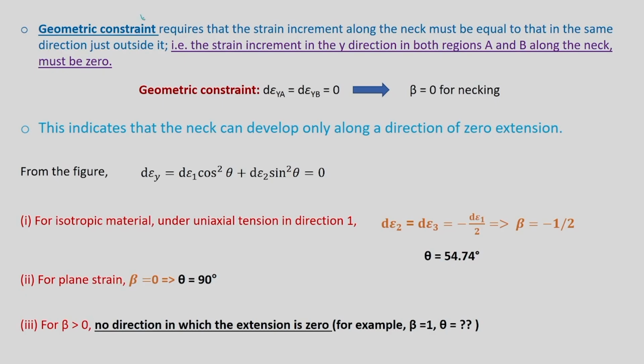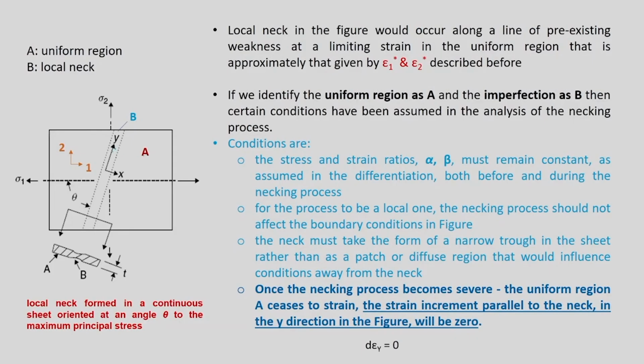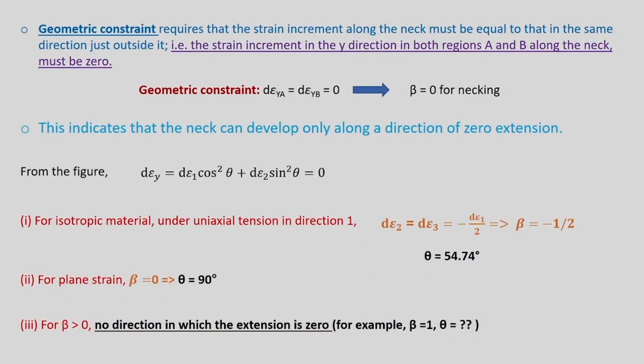There is something called as geometric constraint. Geometric constraint means these two regions are attached to each other, isn't it? So, these two regions A and B are actually attached to each other. Because of this geometric constraint, the strain increment along the neck must be equal to that in the same direction outside it.